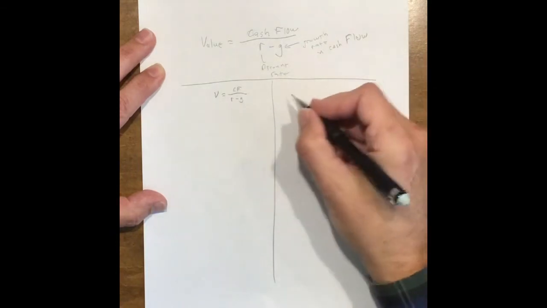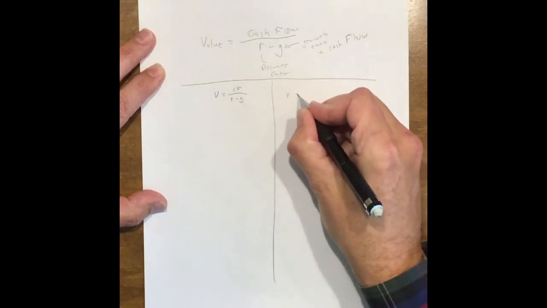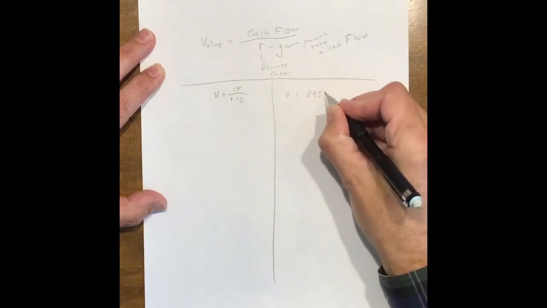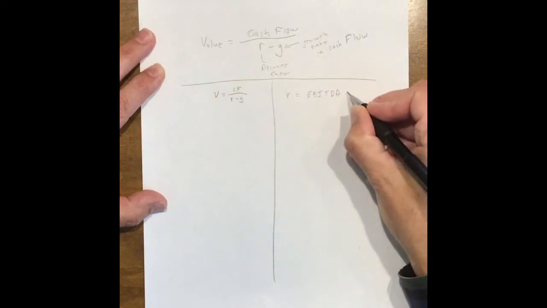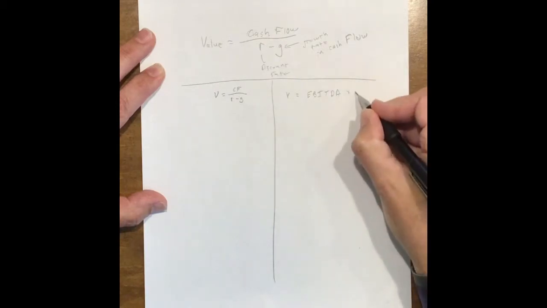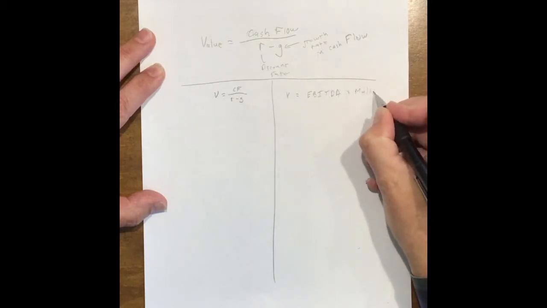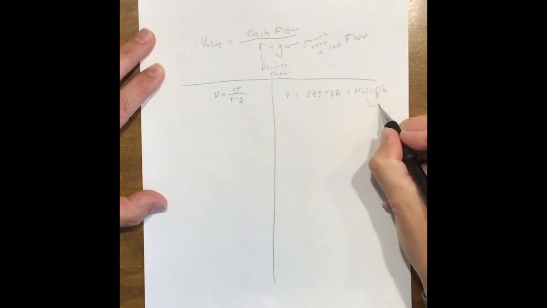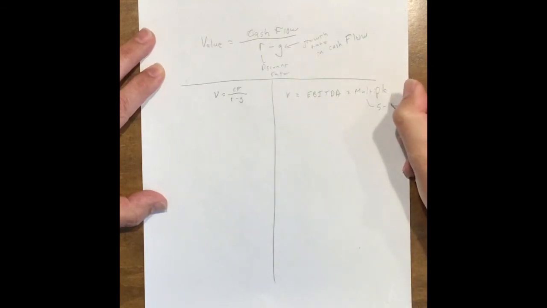And so a simple valuation model is value equals EBITDA times a multiple. Common multiples range from 5 to 15 times.